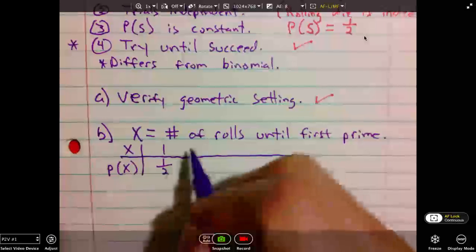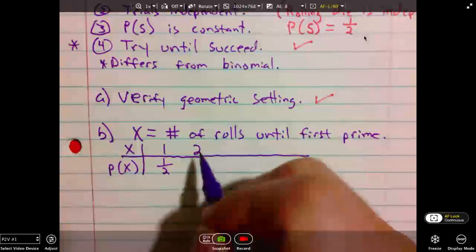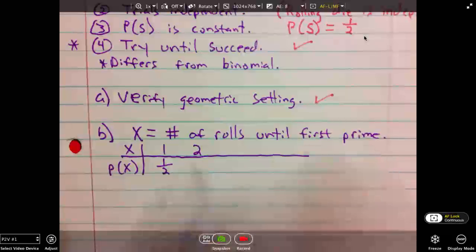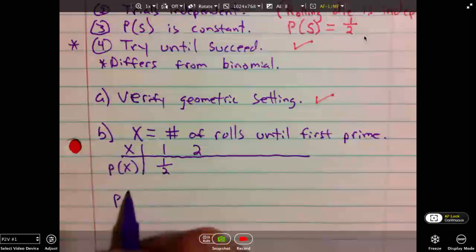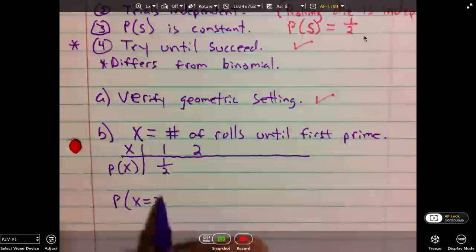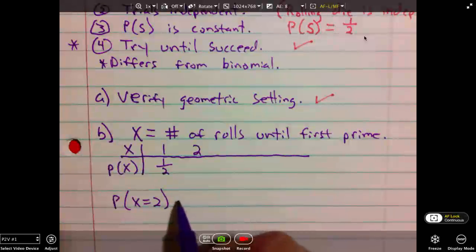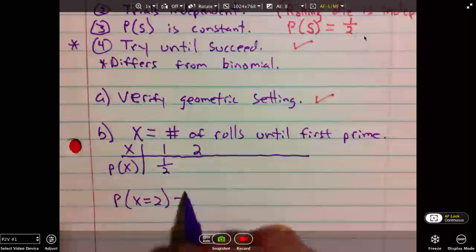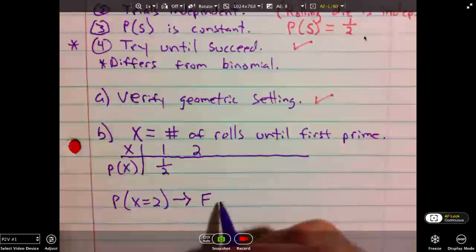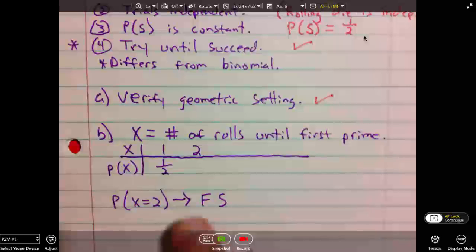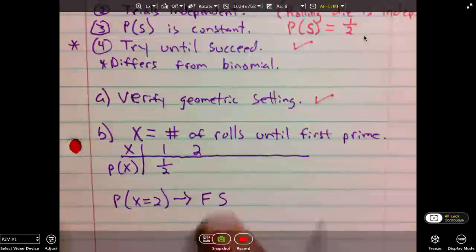Now, we want to look at the chance that the second roll is my first prime. Well, I'm going to write that out right here. We want the probability that x is equal to 2. What we're saying is that's going to be a fail then success. We don't get it on the first roll, we do get it on the second roll.